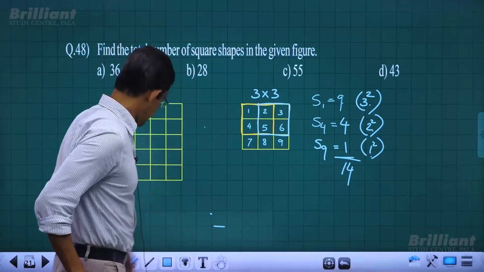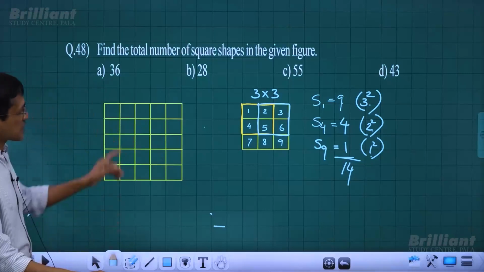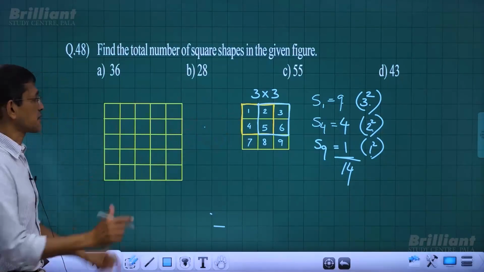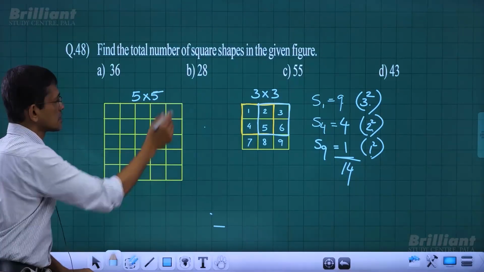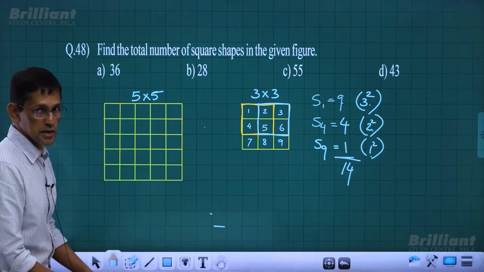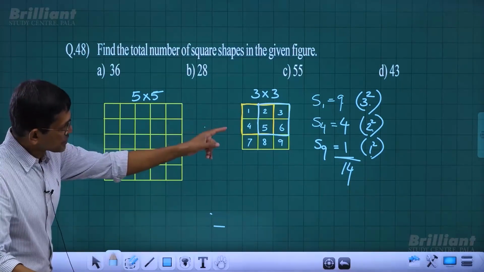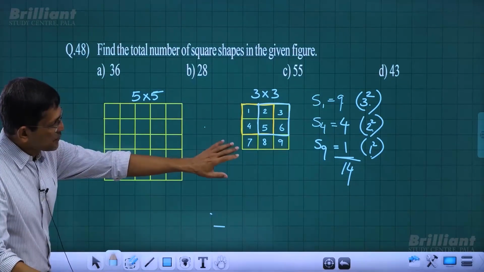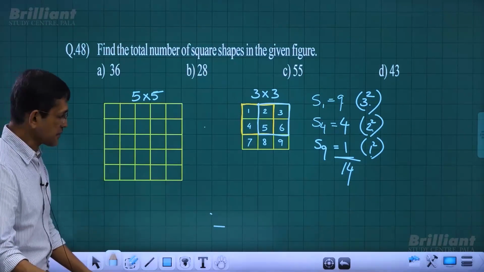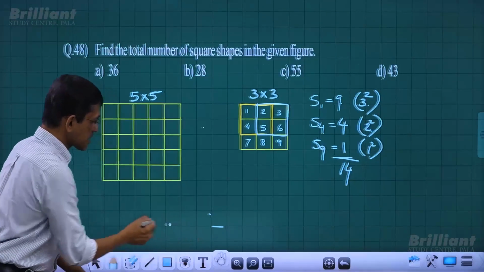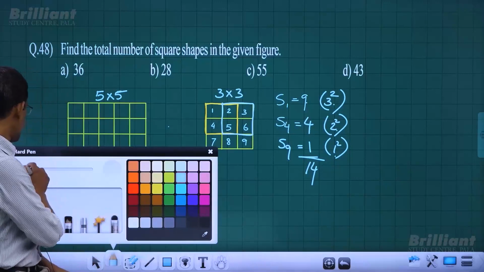Is it applicable here? What kind of a grid is it? This is 3 by 3, this is 5 by 5. So 5 rows and 5 columns. If that method is applicable here, if it is 3 by 3, we count from 1 square, 2 square up to 3 square. If it is 5 by 5, what would be the answer?